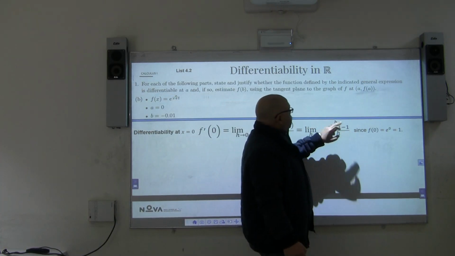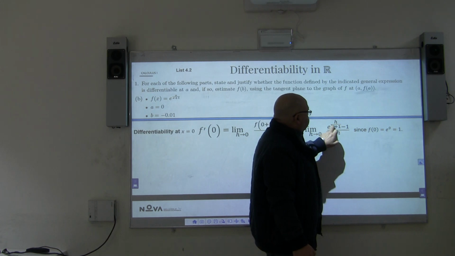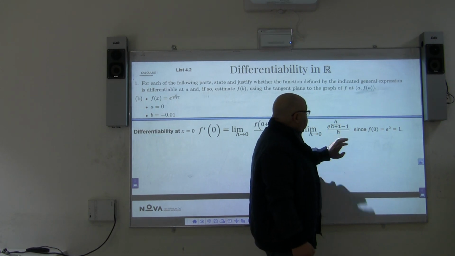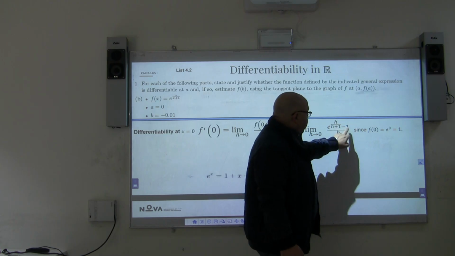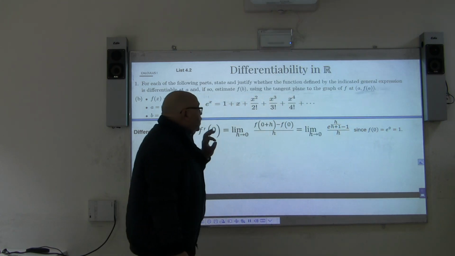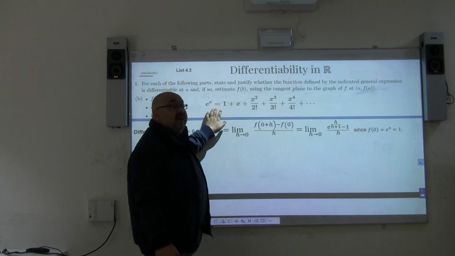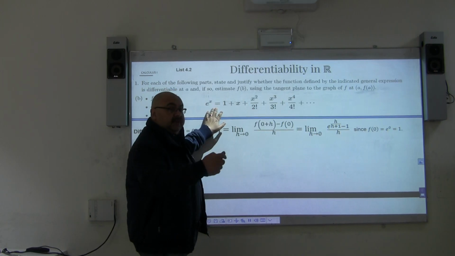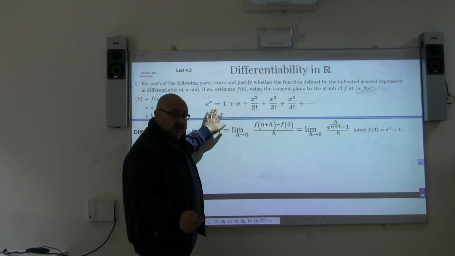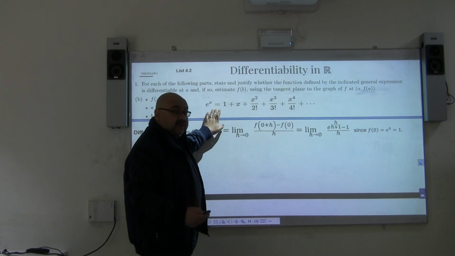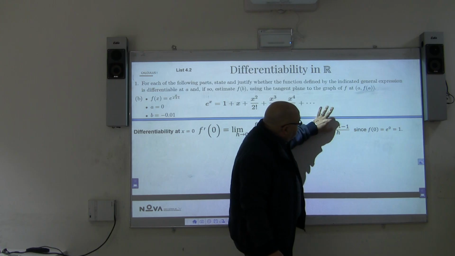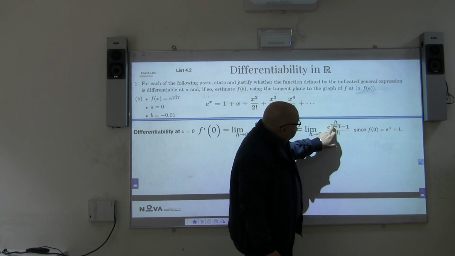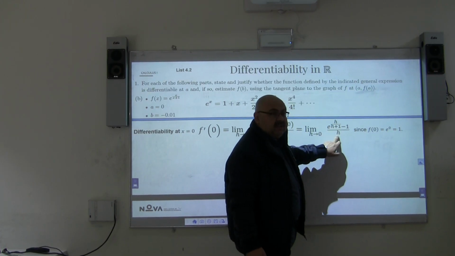It is e to the power of h divided by h plus 1 minus 1, over h. Now I know e to the power of 0 is equal to 1. This is why this is equal to 1. Once more, I will try to use the value of the limit of e to the power of x minus 1 over x, limit x tends to 0, which is equal to 1. In order to validate this, I will have to have the denominator equal to this value. So I need h over h plus 1 to exist in the denominator.